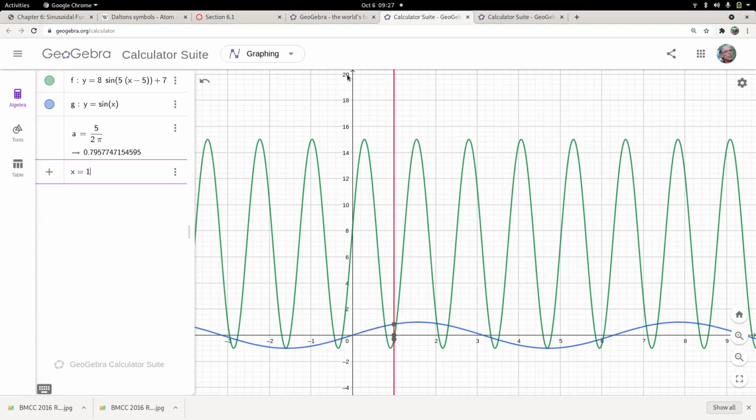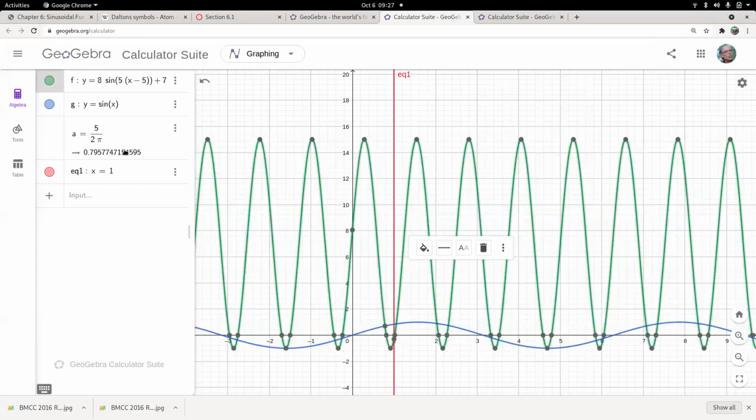So between the y-axis and that line, it doesn't quite complete an oscillation. Notice we are here just above the midline at 8, so that points on the axis there, and we don't quite get to that 8 again in 1 second, say, right? And so that's what this frequency is telling me. I get 80% of a wave in 1 second if I were measuring time in seconds.